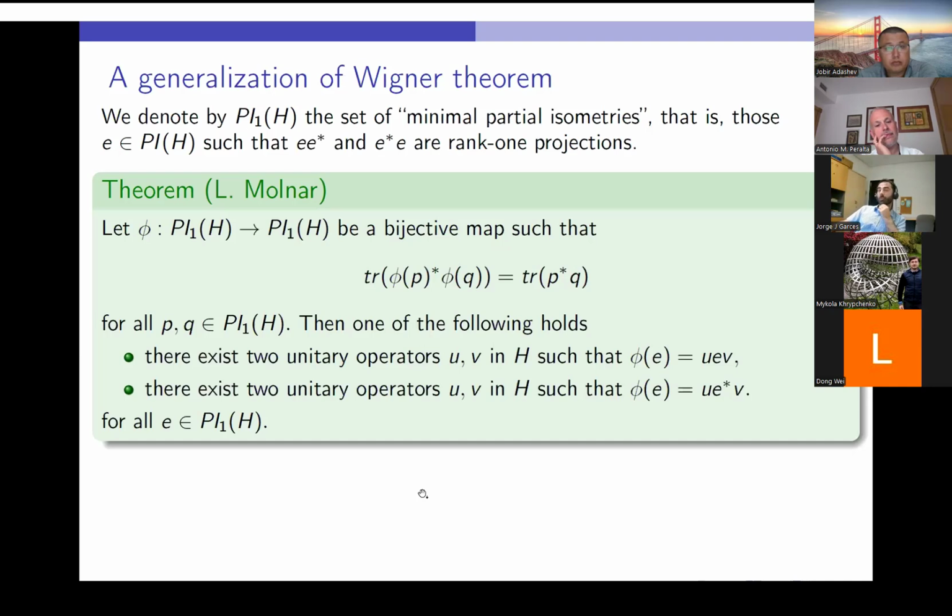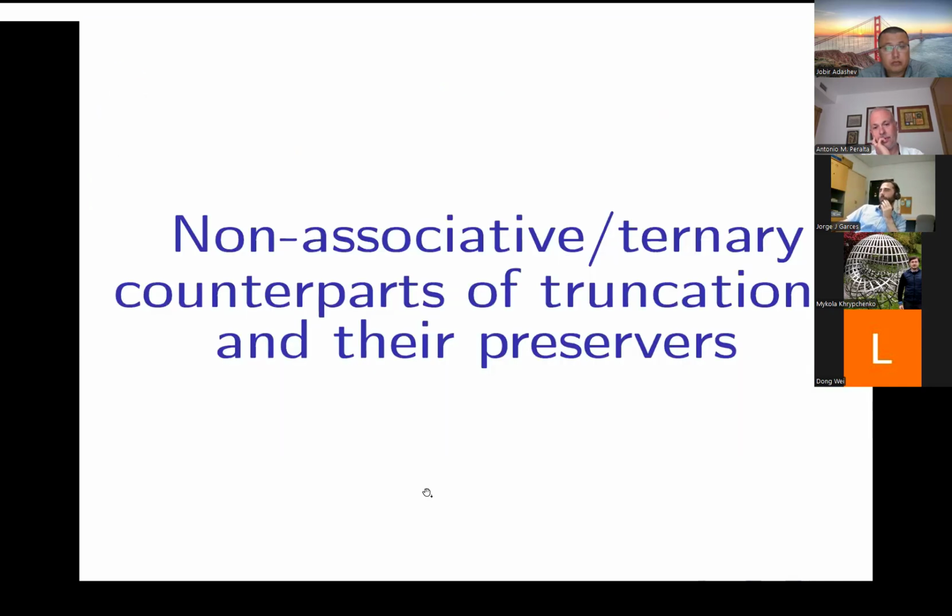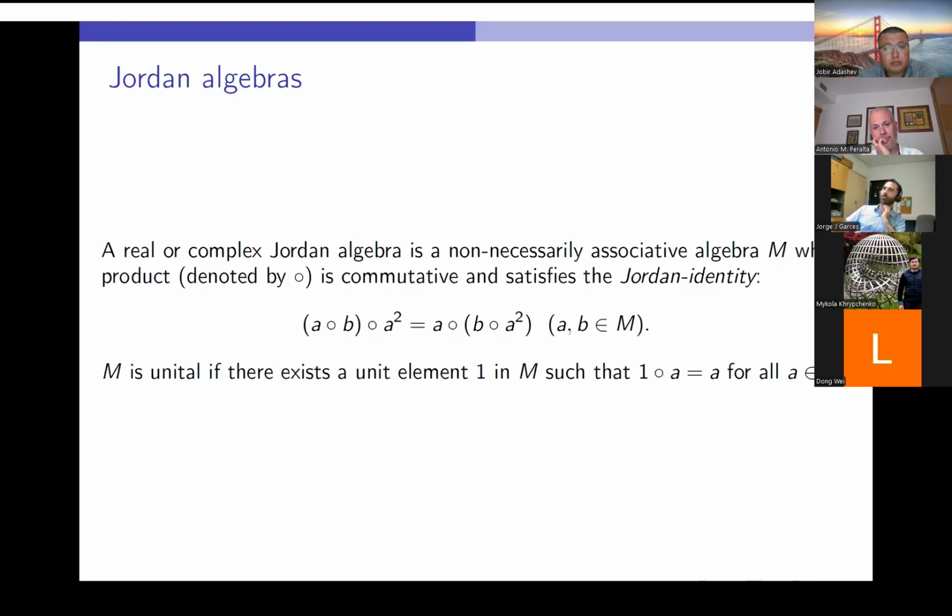So first, we have to define what a Jordan algebra is, but I think that most of us already know. It's a commutative algebra with a product that enjoys this property here, and it's unital if there's an element that has this property here.